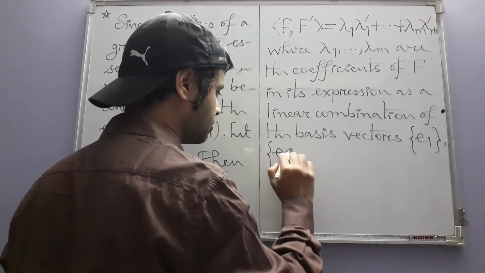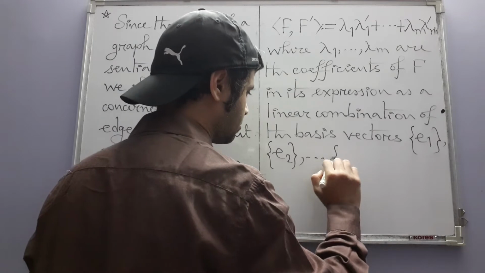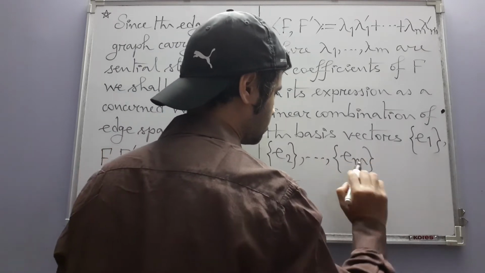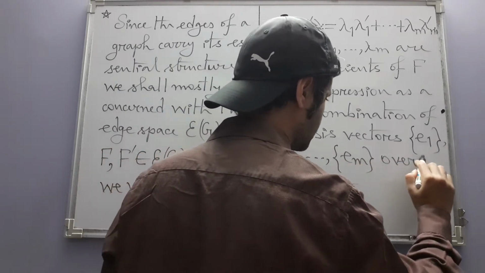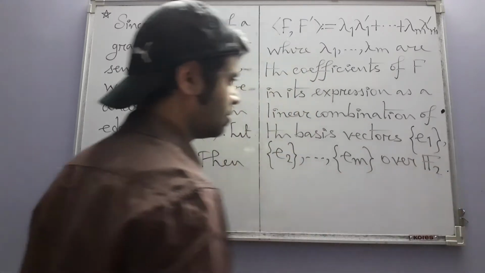Let me write one more element over F2, of course, because that's where the scalars are coming from.